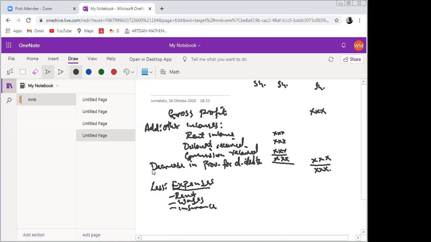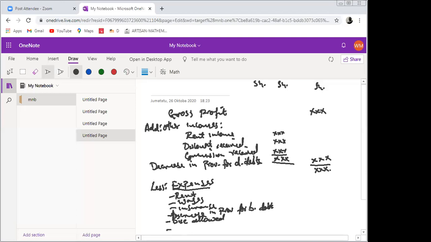We are going to have the opposite of this, which is decrease. Not decrease, but increase in provision for bad debts, the increase. Then we have got discount allowed. The discount allowed is an expense.